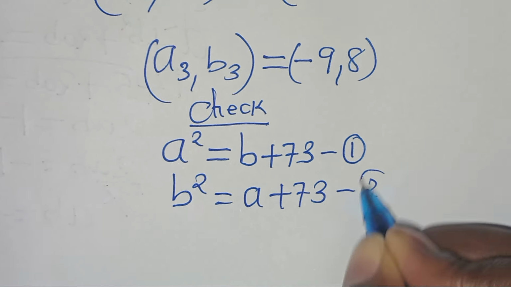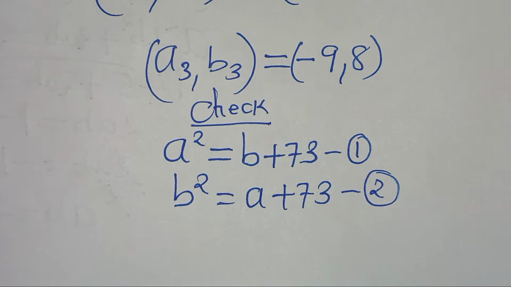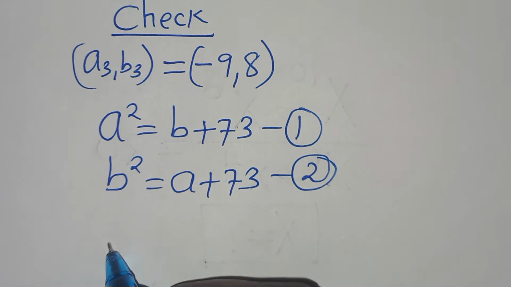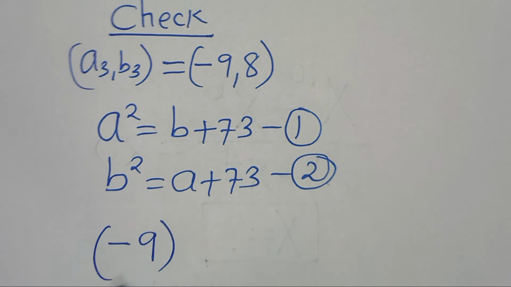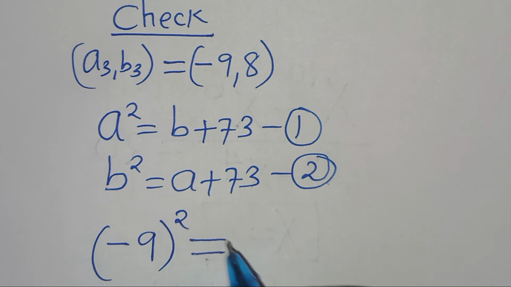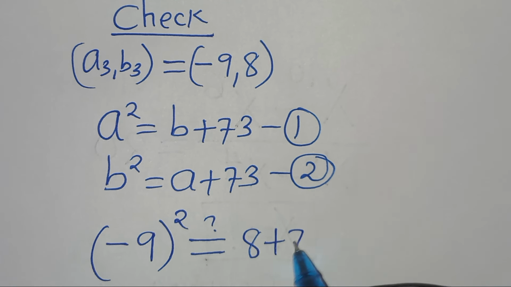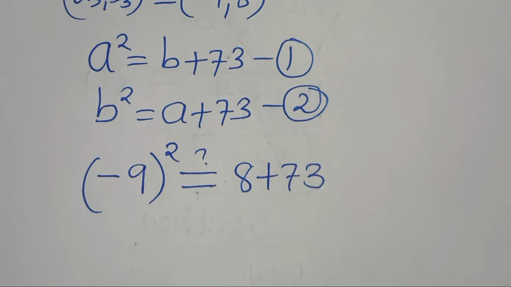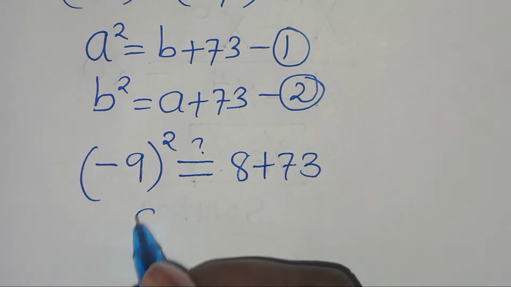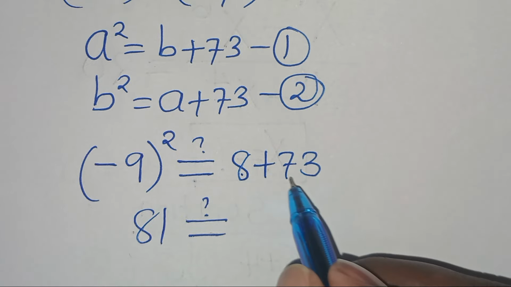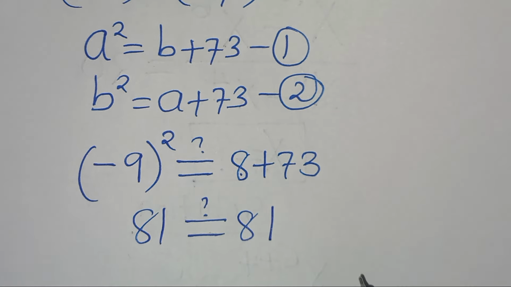Now from equation 1, minus 9 raised to the power of 2 is supposed to equal b, which is 8, plus 73. Minus 9 squared is 81, which equals 8 plus 73, which is 81.